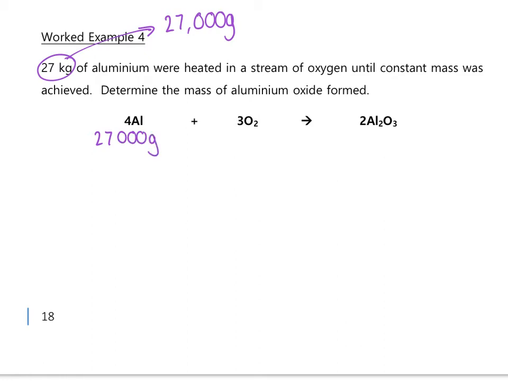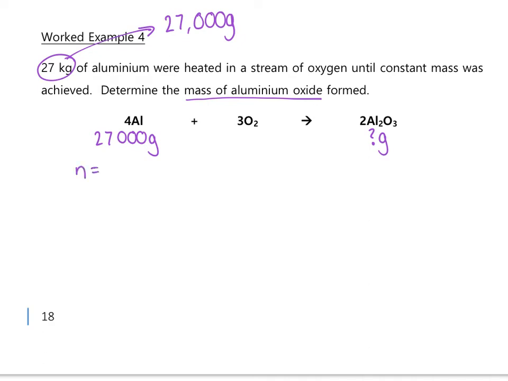They are heated in a stream of oxygen until constant mass was achieved, basically until the reaction is over. Determine the mass of aluminium oxide formed. Aluminium oxide is Al2O3, so I'm trying to work out my aluminium oxide. As always, we start by working out the number of moles of the mass that we've been given.